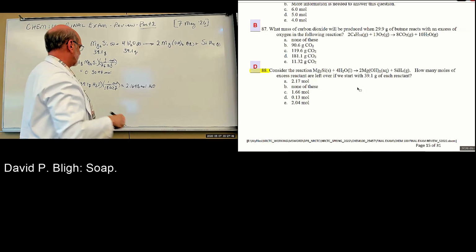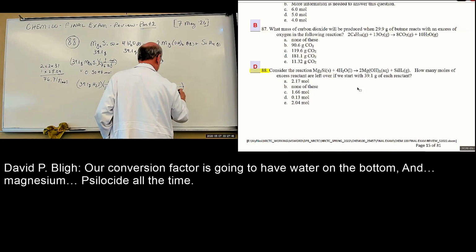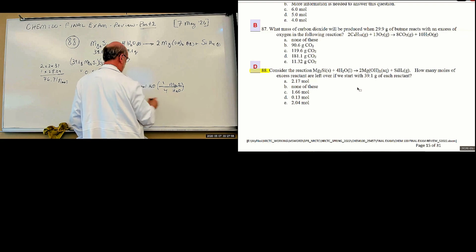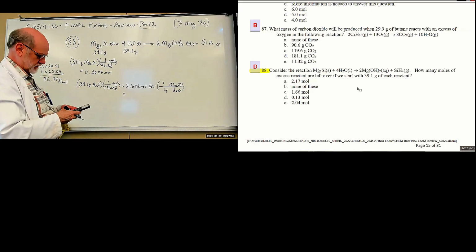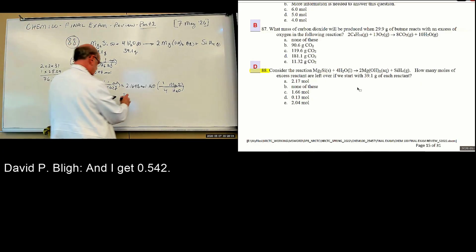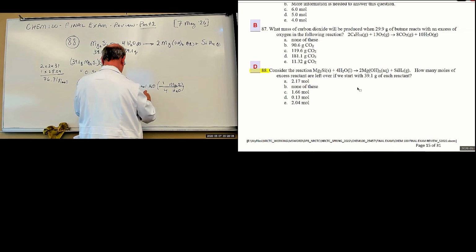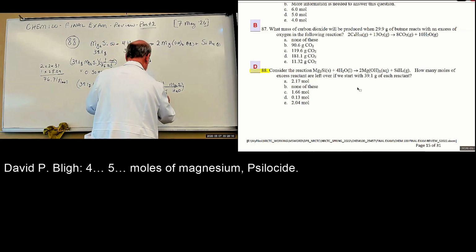Our conversion factor is going to have water on the bottom and magnesium silicide on the top, coefficient of 1, coefficient of 4. So I divide 4 into that one, and I get 0.54245 moles of magnesium silicide.